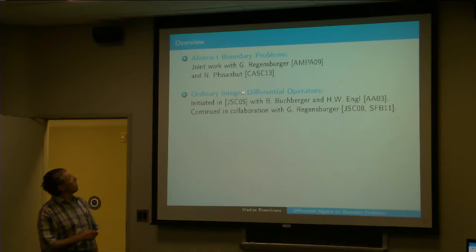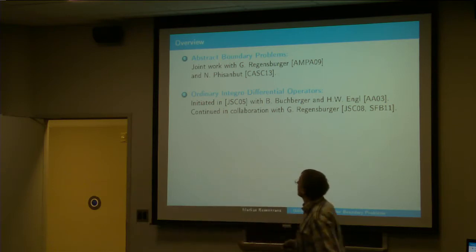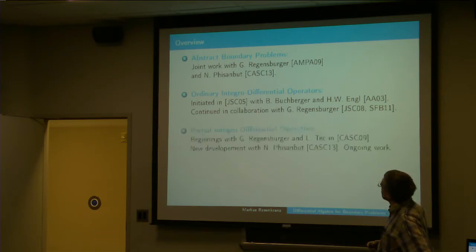Okay? So this paper here is essentially a summary of my PhD thesis, which shows the status quo of the operator ring and the whole setting at that time. And the main formulation now is in the JSC paper and in this survey article in this book here, that's Proceedings Volume.